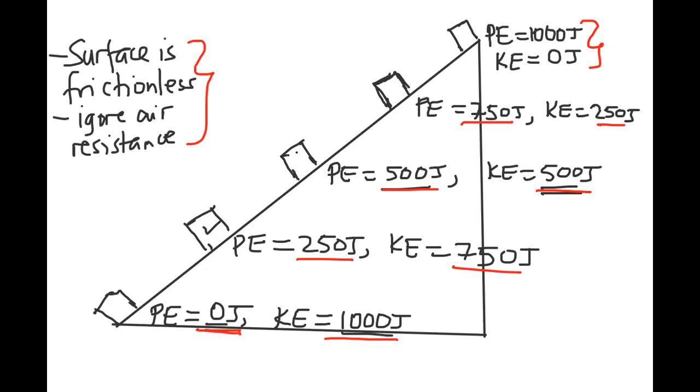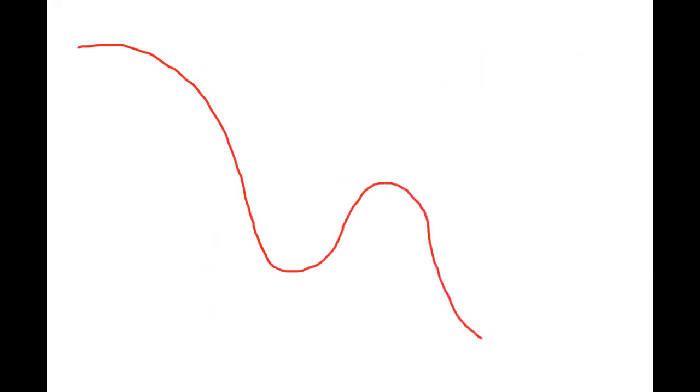I have another example. This other example relates to a roller coaster. So here's a roller coaster, it goes down, goes down, then it goes like this. Let me try my best to do a good job. Oh, like that. Well, I tried.